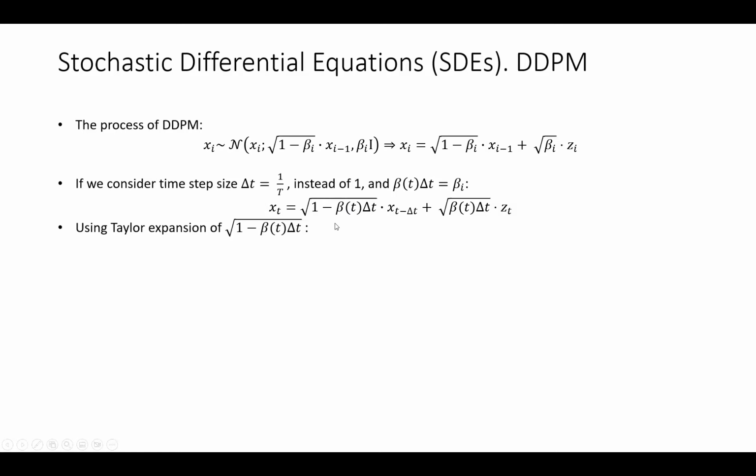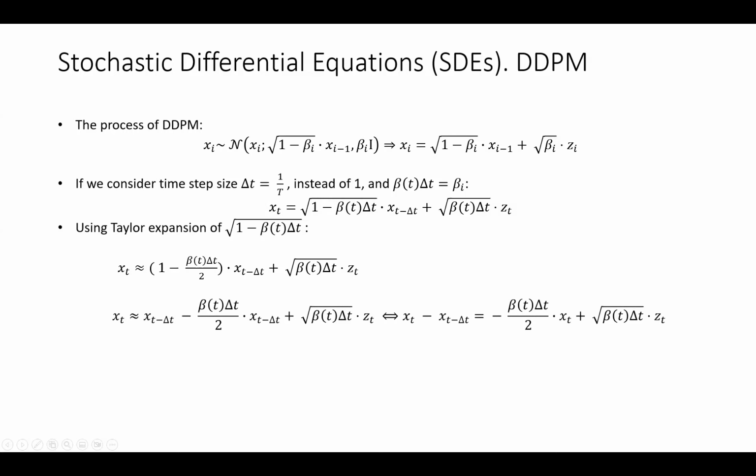You should do this at home, and I'm going to maybe show you a couple of slides to motivate you on the Taylor series. So if you take the Taylor series of this, then we can actually simplify this. The Taylor series of this will be this, only the first order term. And then we have xt minus delta t, and this whole thing is the same. Okay, so then we can simplify this further.